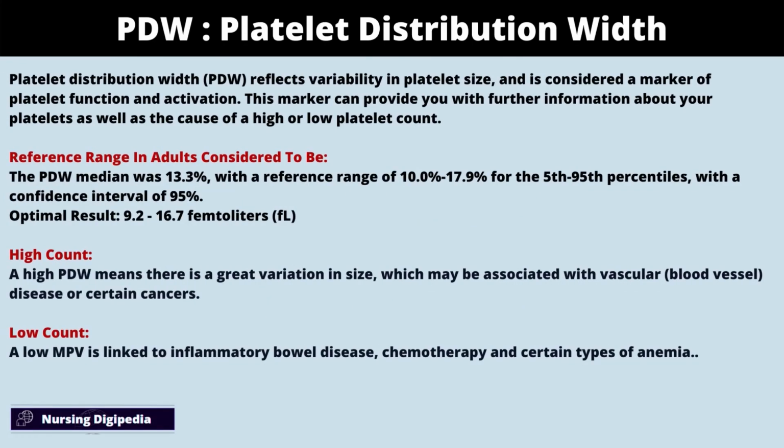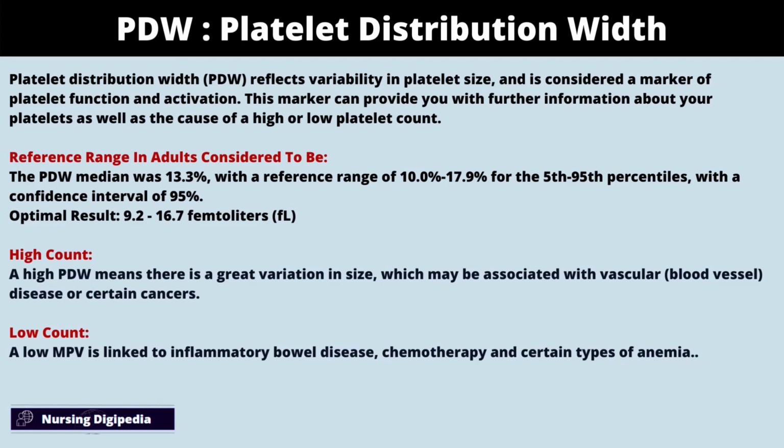PDW stands for platelet distribution width. It reflects variability in platelet size and is considered a marker of platelet function and activation. This marker can provide you with further information about your platelets as well as the cause of a high or low platelet count.